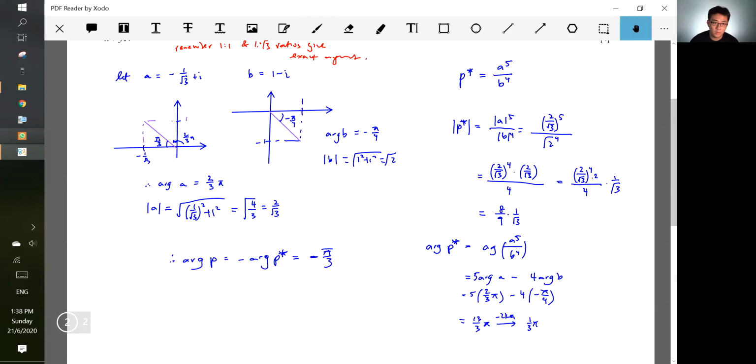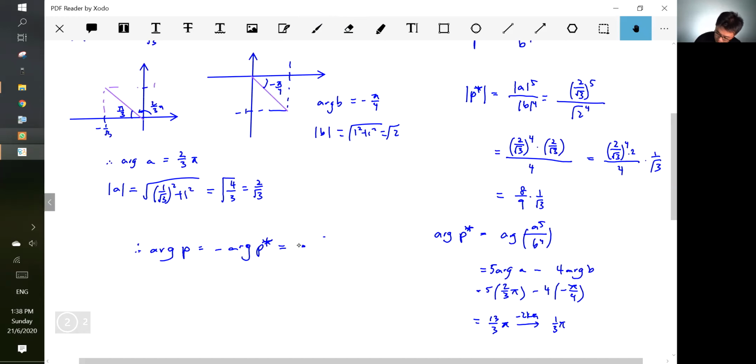Okay. What do we need to do next? Modulus P conjugate.